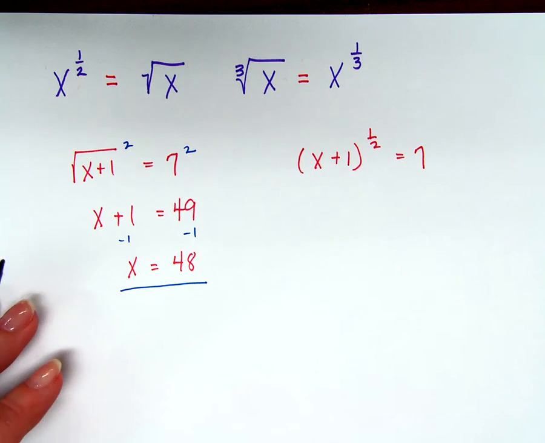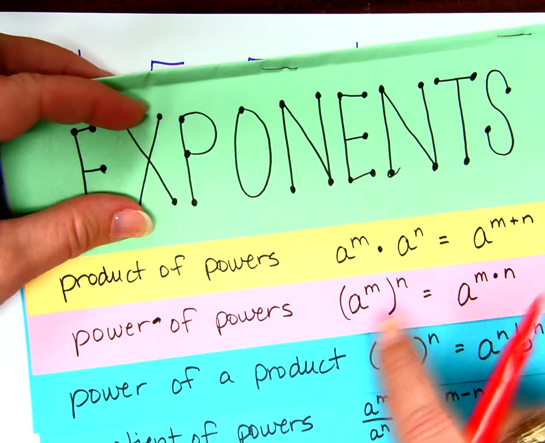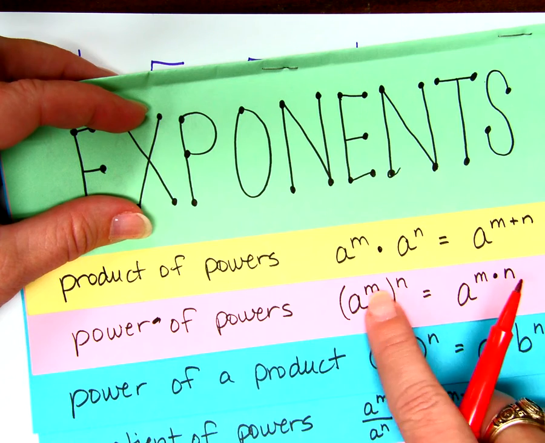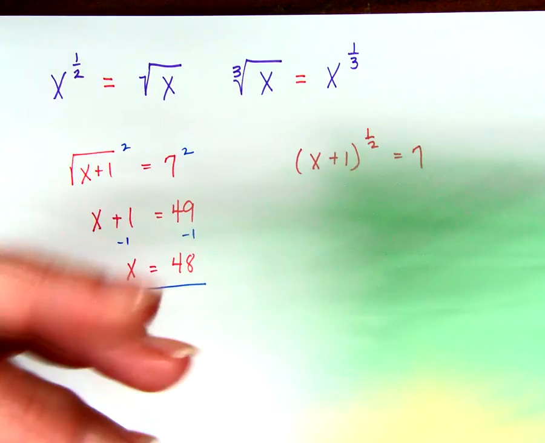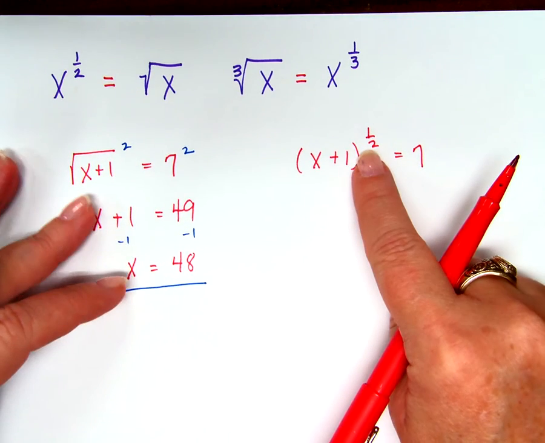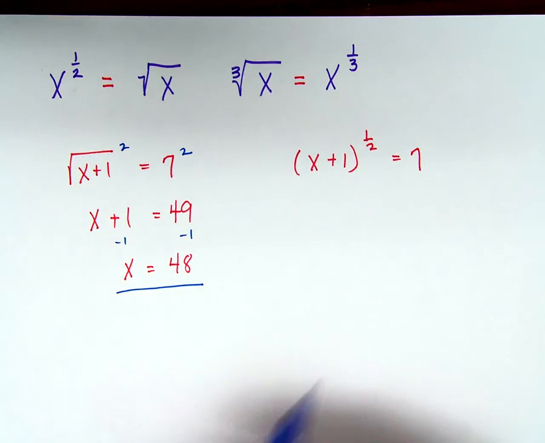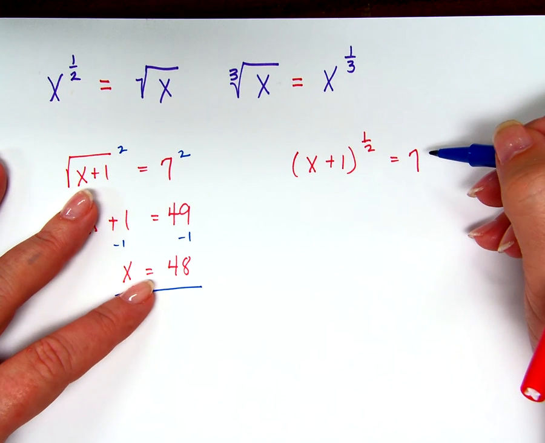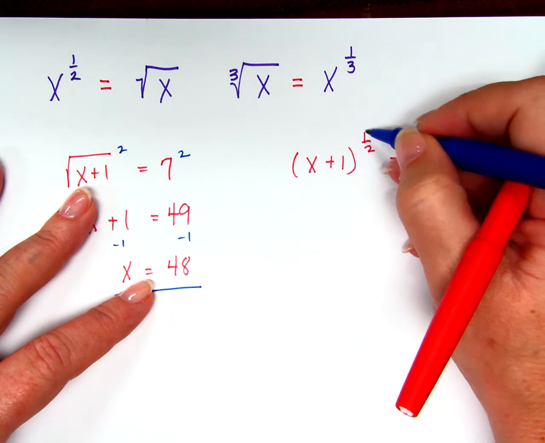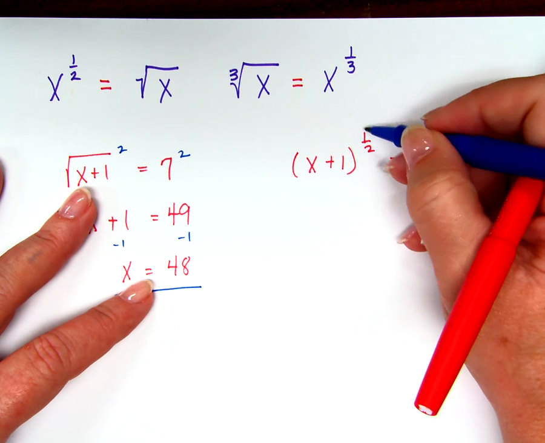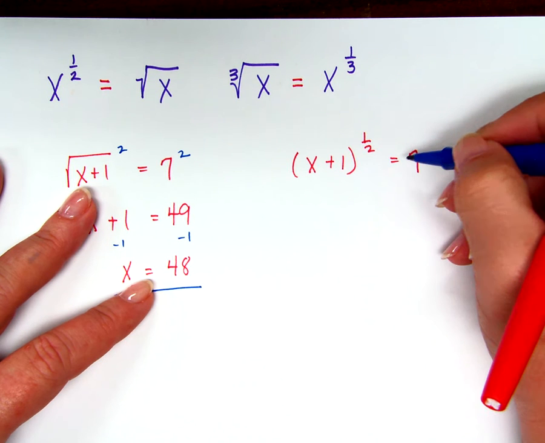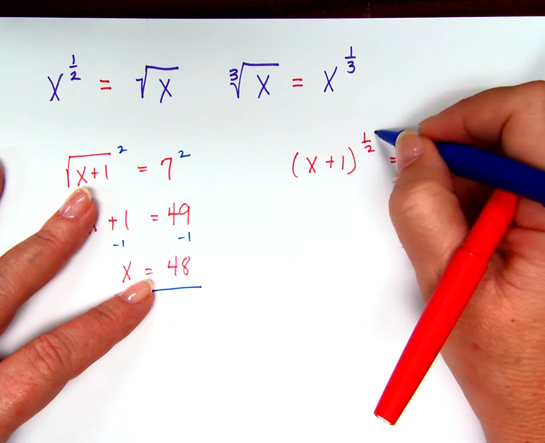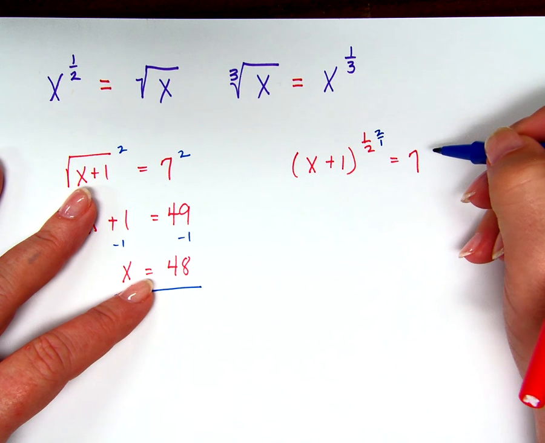Well, according to our Exponent Foldable, if I raise a power to a power, I multiply, right? Well, I need this exponent right here to be a 1. And the way that I do that is I'm going to raise both sides, because I always have to do it to both sides, to the reciprocal of this power. What's the reciprocal of 1/2? 2 over 1. Why would I choose the reciprocal?